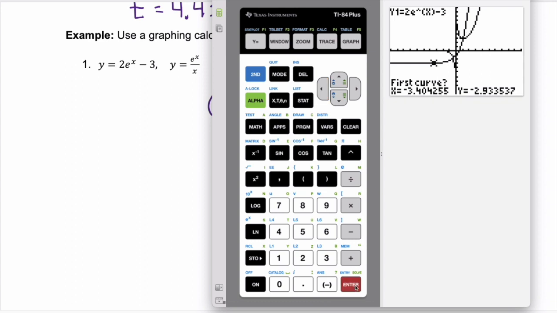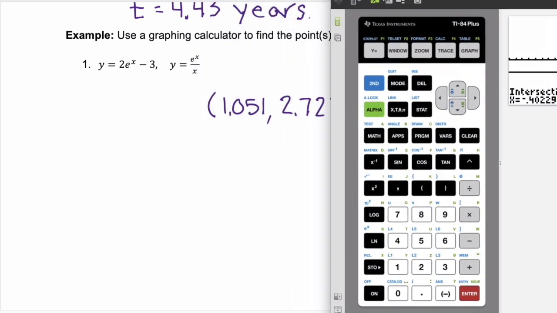And we're going to hit enter, that's our first curve. It's asking, is this our second curve? It is. Do we want to take a guess? Yes. And notice that now we have the intersection of that left intersection point. And it's negative 0.4022 and y equals negative 1.66. So let's write that down.